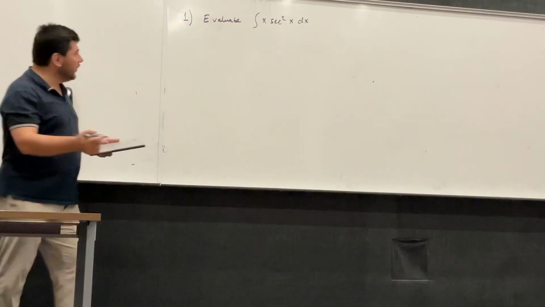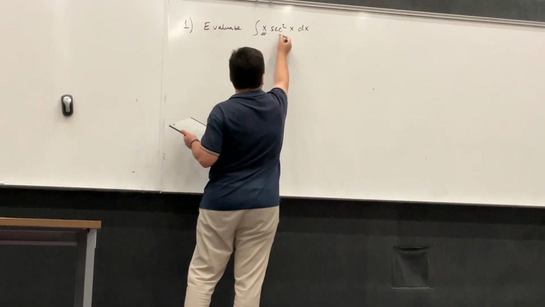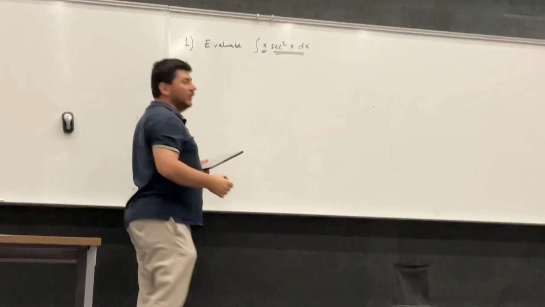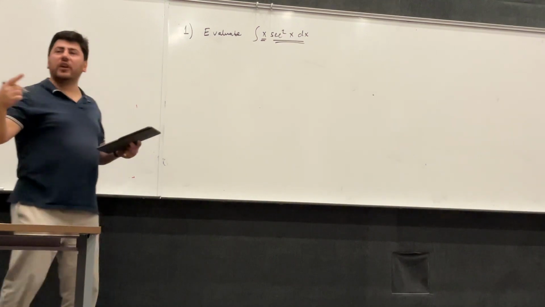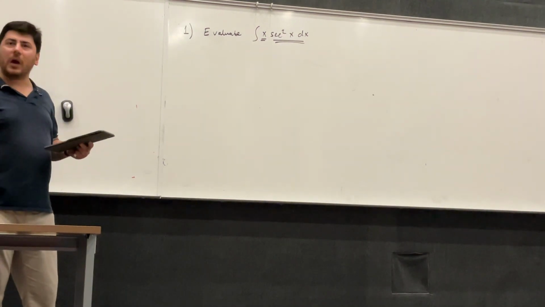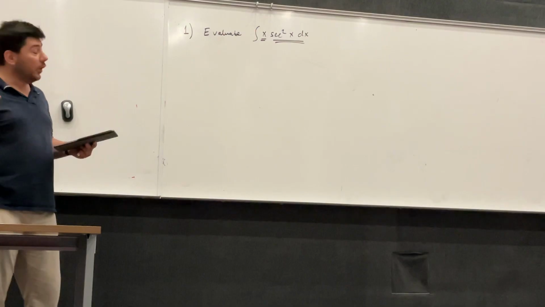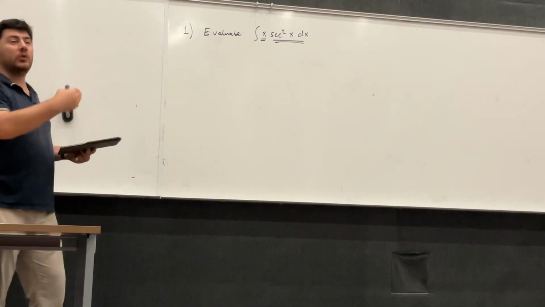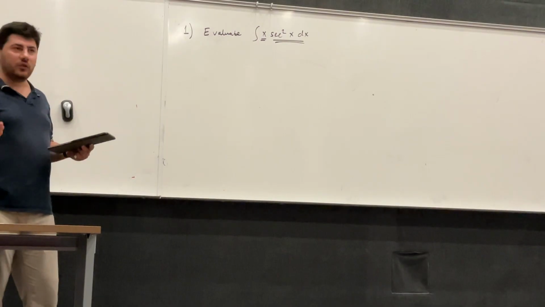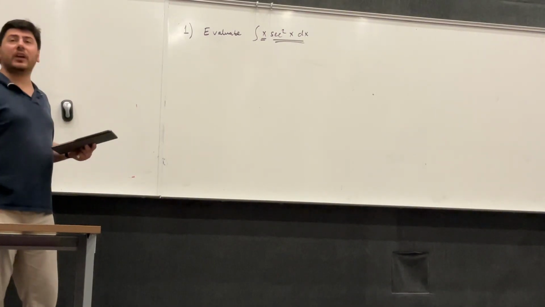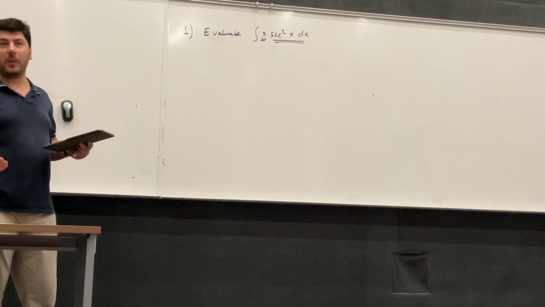Yeah, there is an x here, and there is a secant square x dx here. So when you see x square, x cube, integration by parts is likely to help you. Or first of all, substitution. Would substitution work here? There is nothing we can substitute for, right? So substitution is not going to work. So your second best bet is integration by parts.